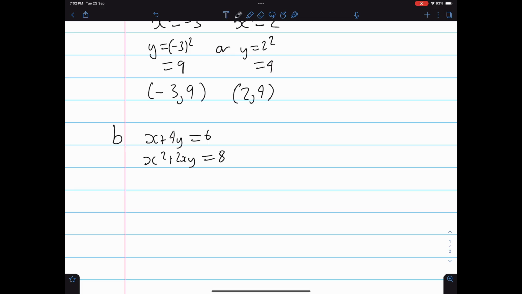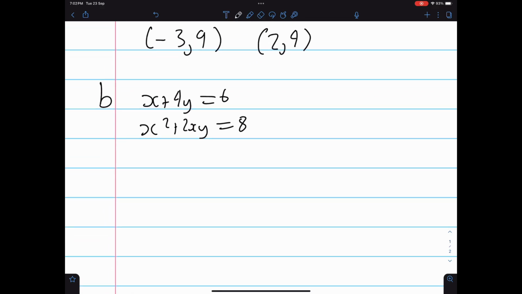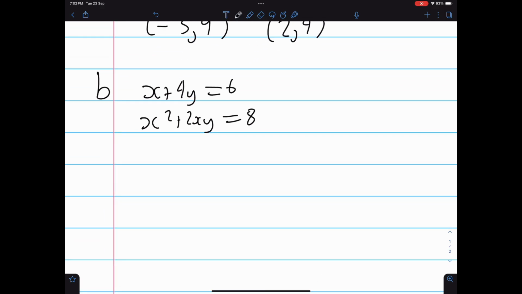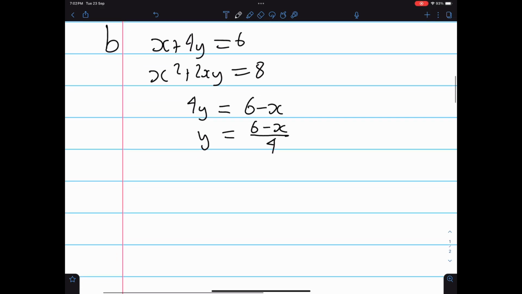This one's a bit different, and we need to figure out a different way to solve these. What I would do is do it by substitution. I'd rearrange to get y as the subject, and then I would substitute that y into the second equation.